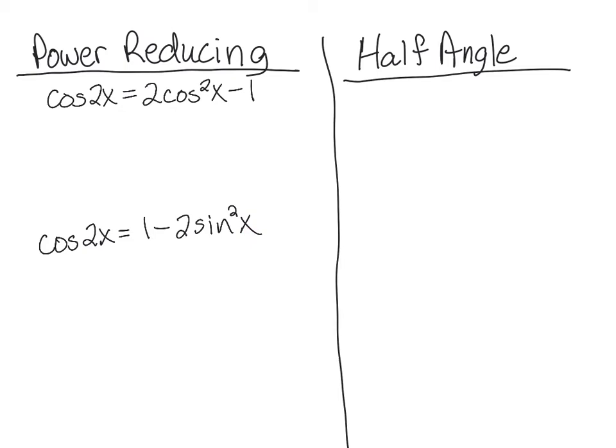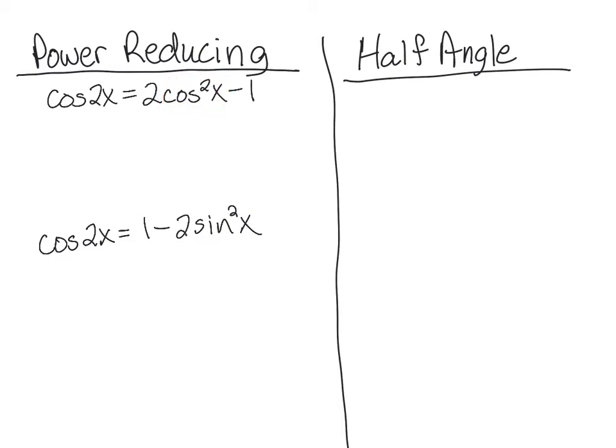So you have to have something else to replace cosine squared or sine squared with. Using these two identities will reduce that power so that you can have the sum of lower power stuff.